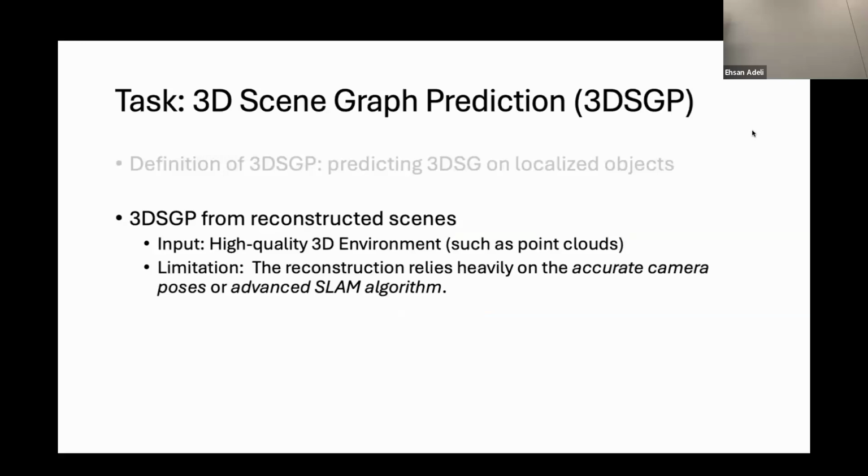However, this assumption of high-quality reconstruction has limited its applicability in mobile or ego-centric applications, especially when accurate camera poses or SLAM techniques become unavailable or unreliable due to hardware limitations and power consumption in real-world use cases.